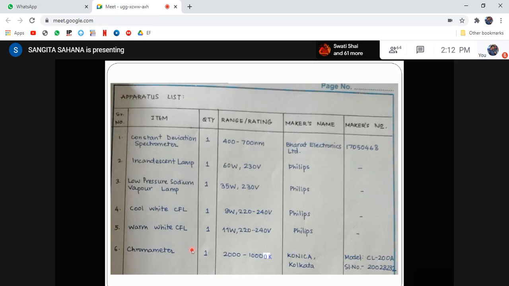So this is a sample report. You can see the two instruments, constant deviation spectrometer and the chromometer, their range, and the four lamps, their rating in wattage and rated voltage: 60 watt incandescent lamp, 35 watt LPSP lamp, 9 watt cool white CFL, and 11 watt warm white CFL.